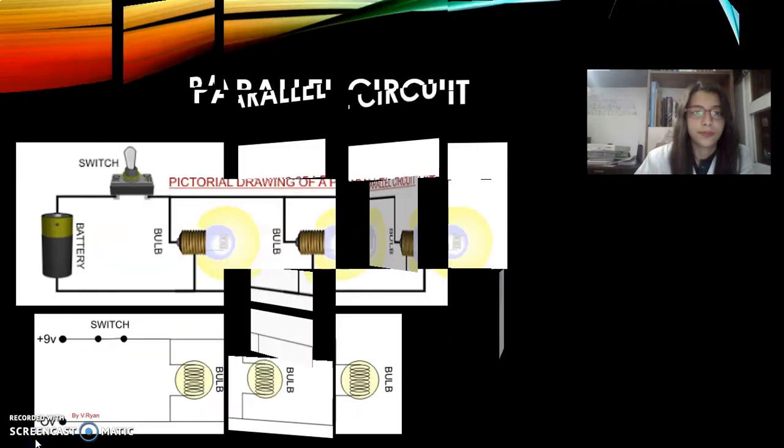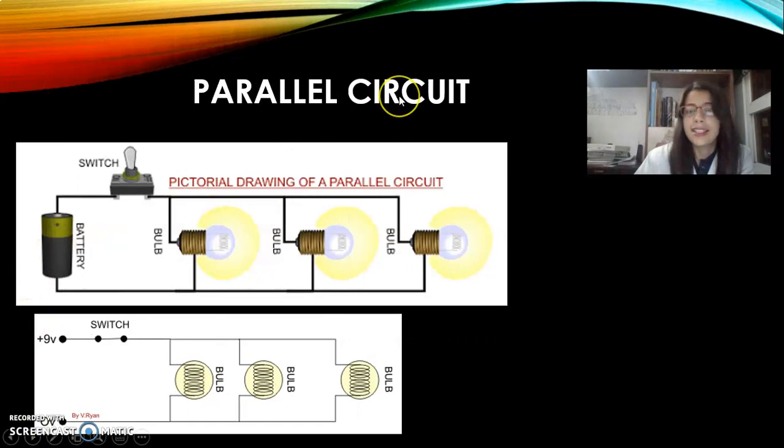This is a parallel circuit. So we have 1, 2, and 3 electrical sources, bulbs, a battery, and a switch. It is represented by the symbols: 1, 2, and 3 bulbs, the switch, the battery, and the wires. We can see that they work independently.